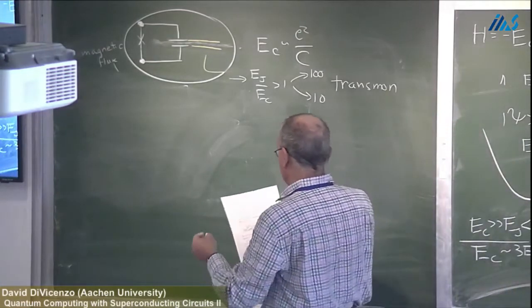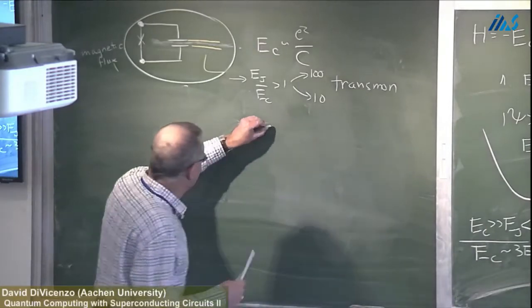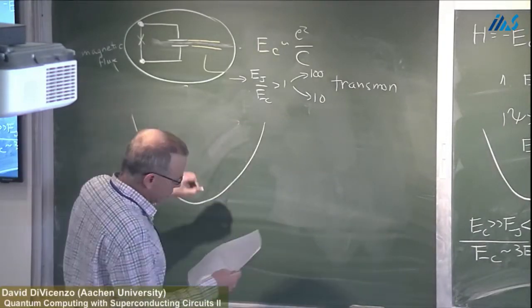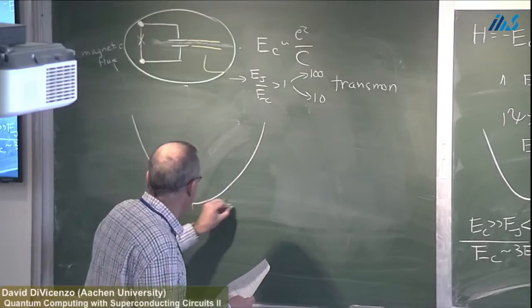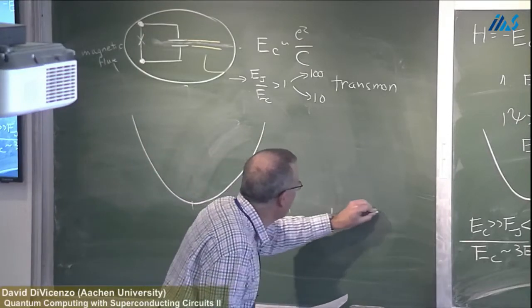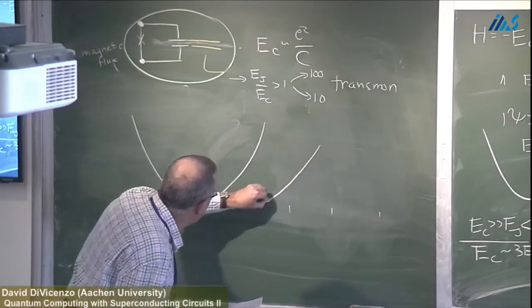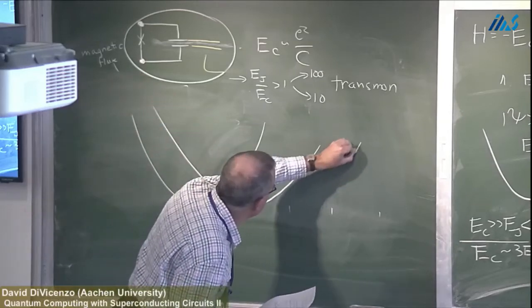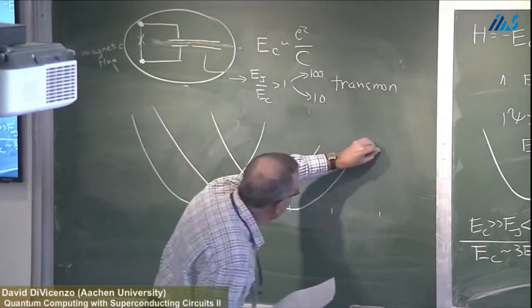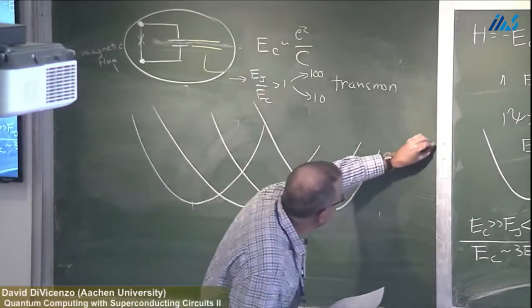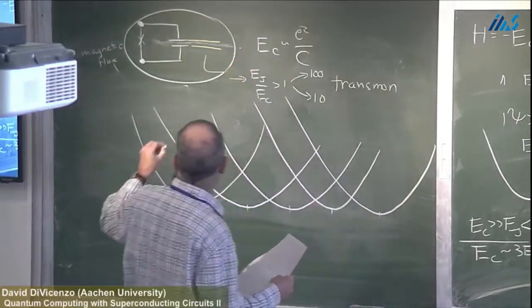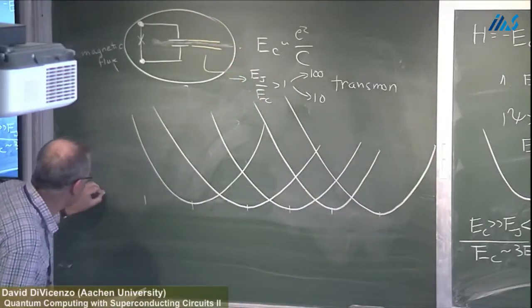Because what you find, let me again draw some parabolas. Let's see if I can manage this just this way. Okay, that's maybe, no, I even need a few more.